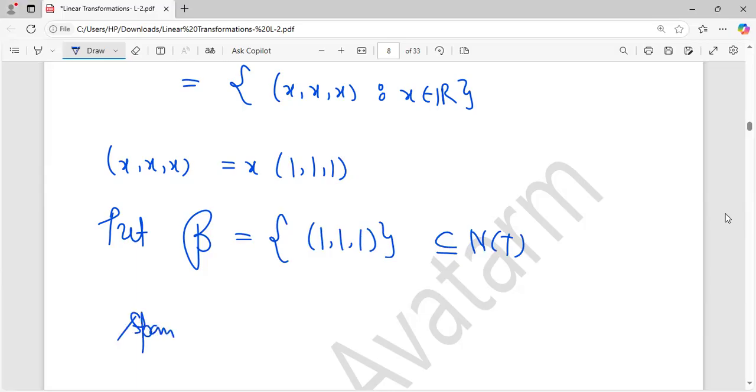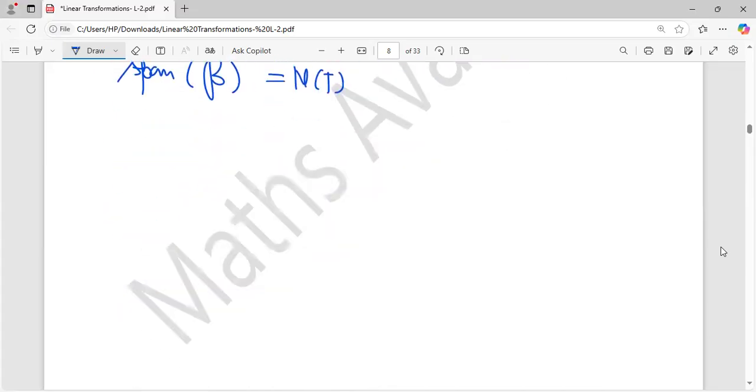The span of this is the null space of T, and this is linearly independent.